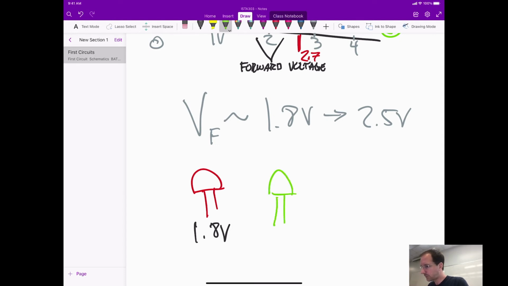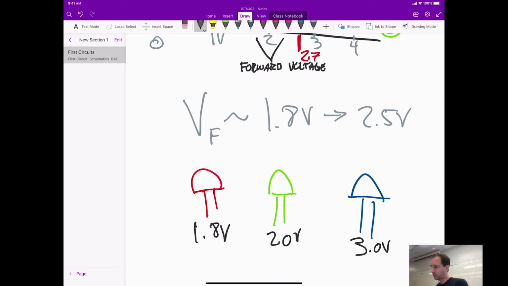Green ones are also pretty old, and so those tend to be slightly higher, but still pretty low. Blue LEDs are reasonably new in the world of electronics. I don't know exactly when they were invented, but they use a slightly different process, and so they tend to have pretty high forward voltages still, sometimes around 3 or even 3.3 volts to really get them to light up.